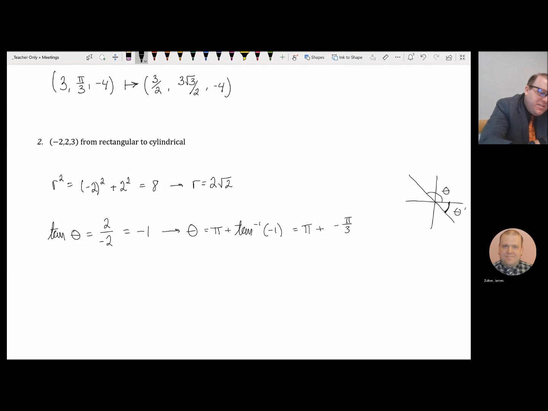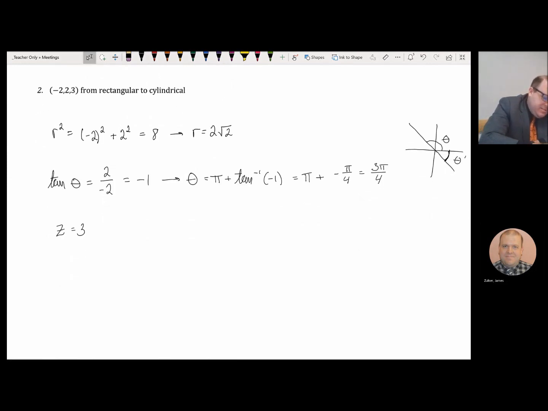So our theta is 3 pi over 4. And z is just equal to z. That would be our point in cylindrical.